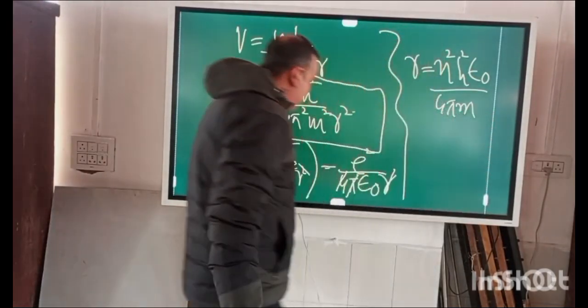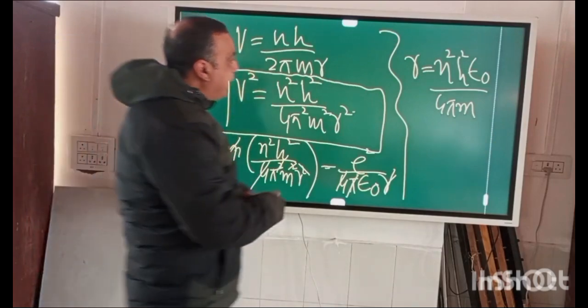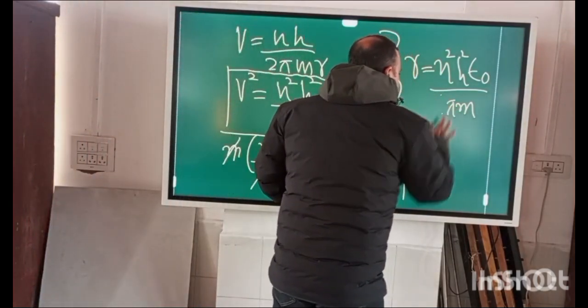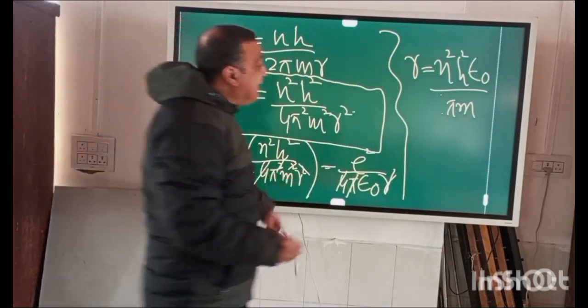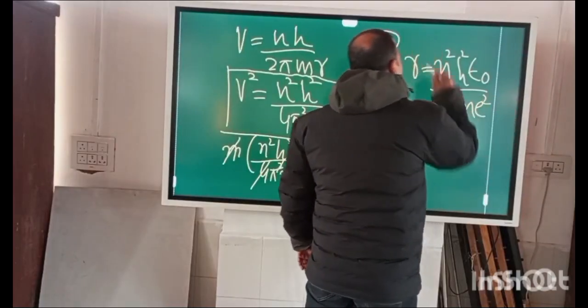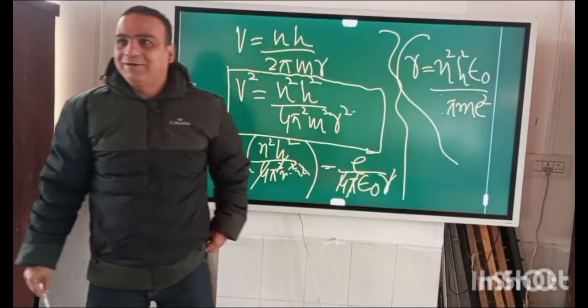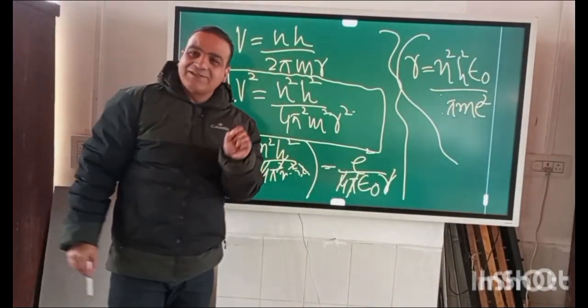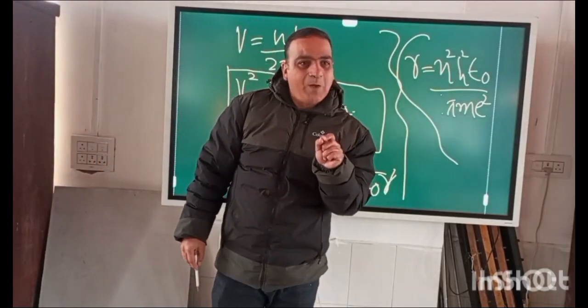Anything else? 4 will go. Okay, only pi m e square. You know what this is? This is the Bohr orbit. This is the radius that was calculated by Niels Bohr.